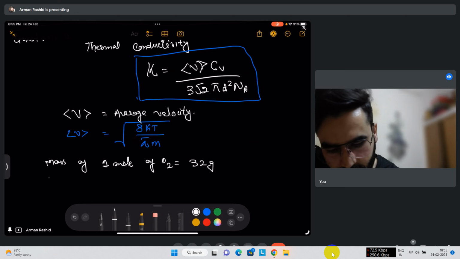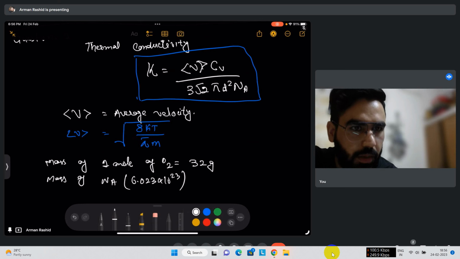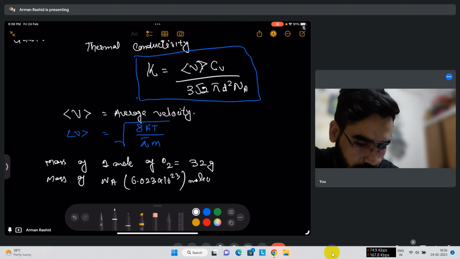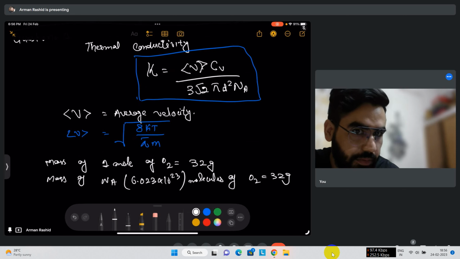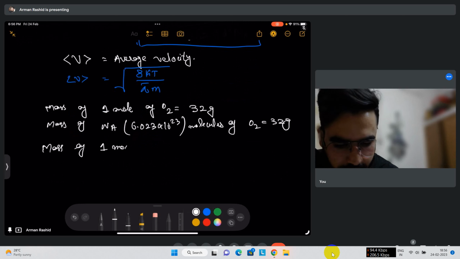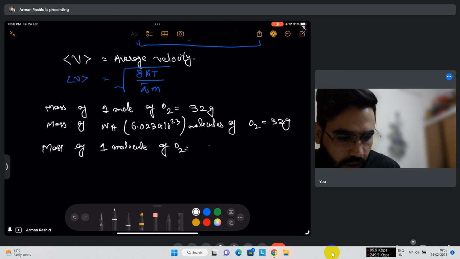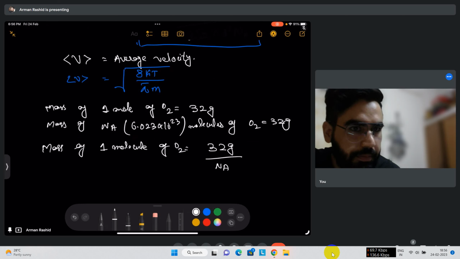That means the mass of Avogadro's number, Na, or in other words 6.023 times 10 to the power 23 molecules of oxygen, will be 32 grams, right? Then how much will be the mass of one molecule of oxygen?